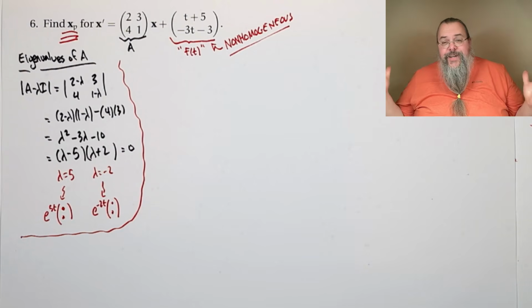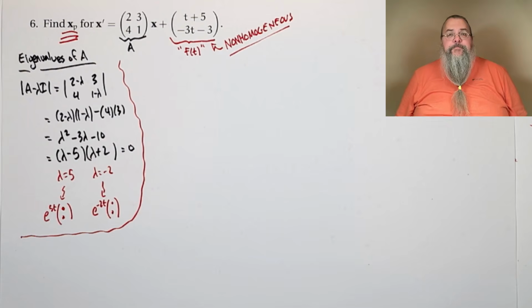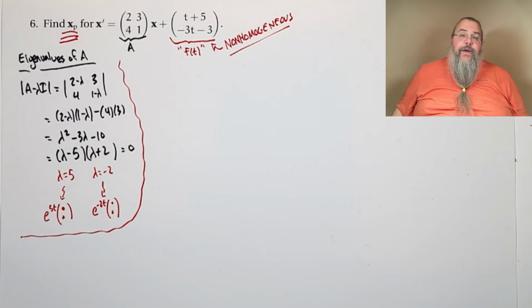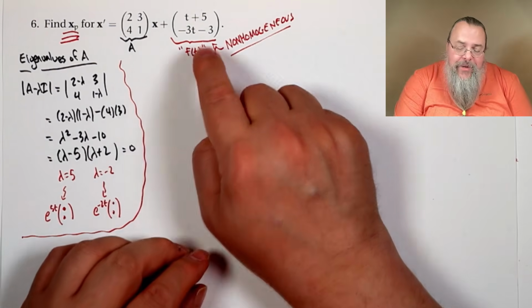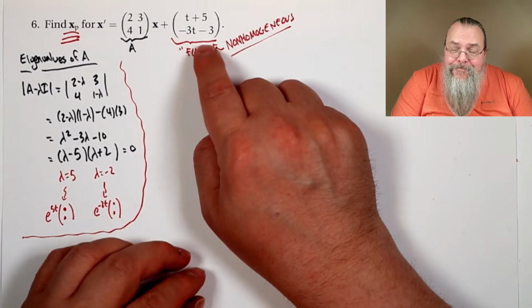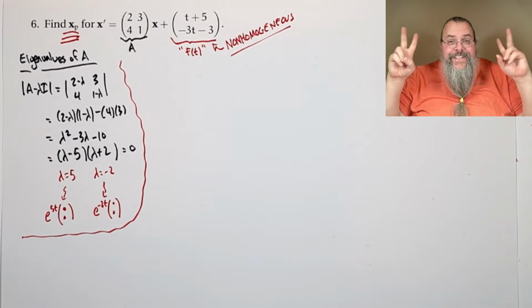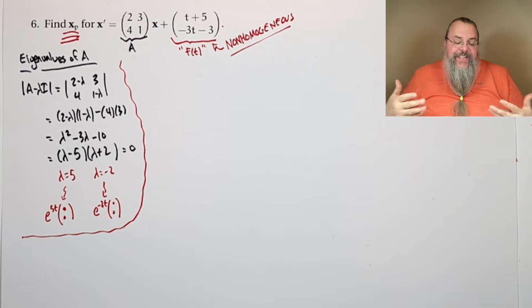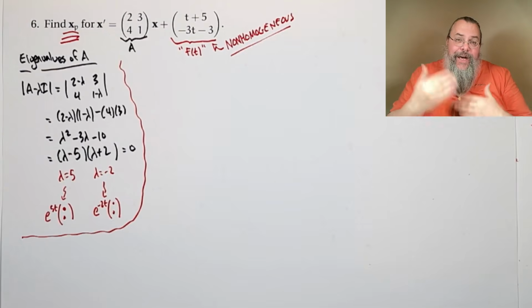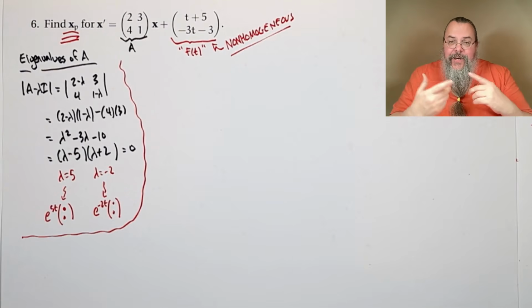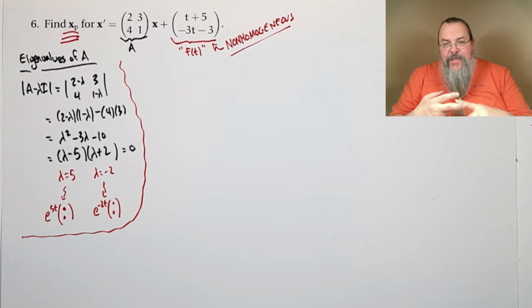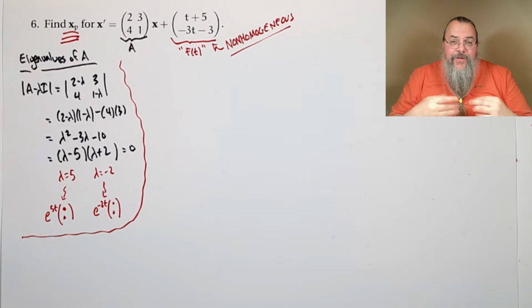Now let's turn our attention to xp. For xp, when we look at this particular f of t, it's nice in the sense that this is something that could come out of a constant coefficient, linear, homogeneous differential equation, right?